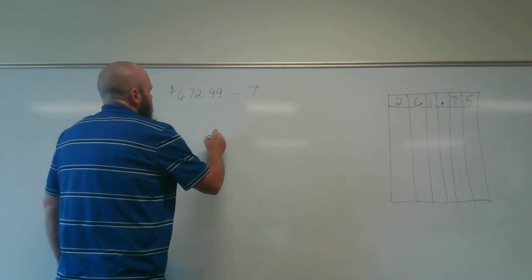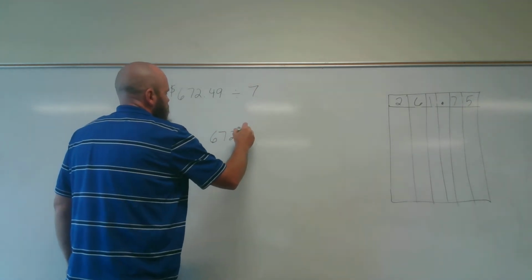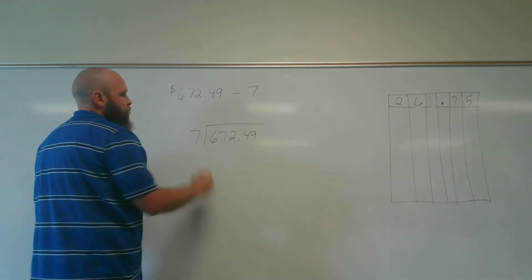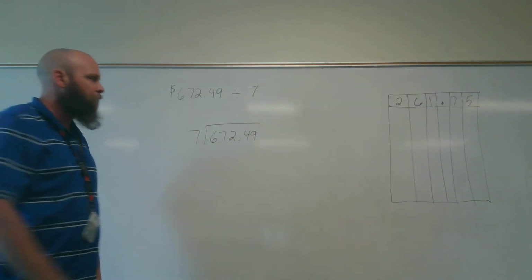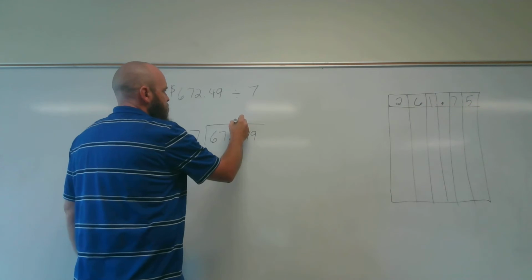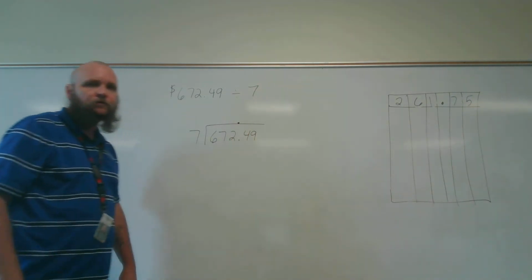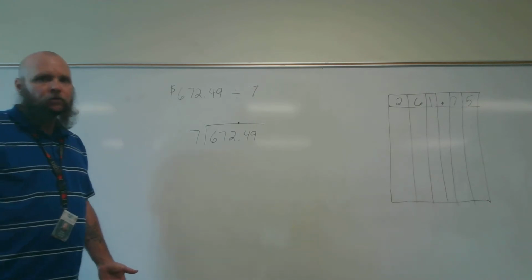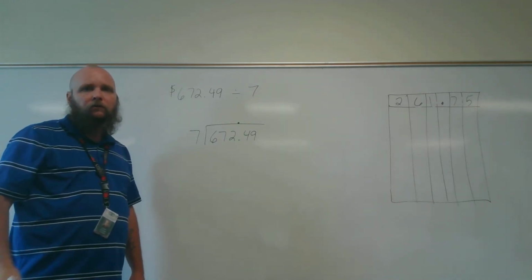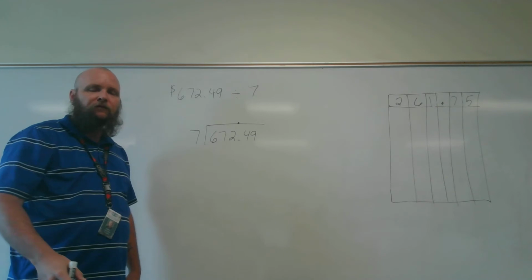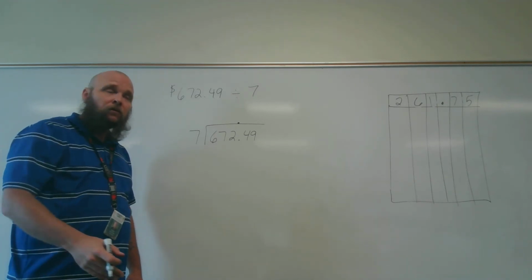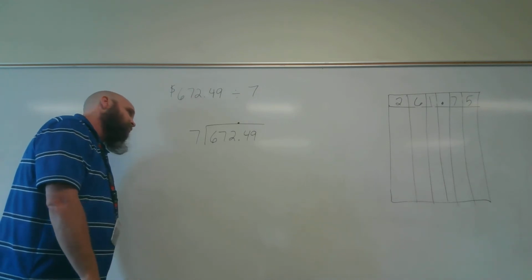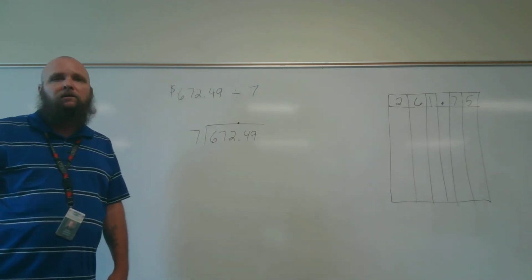When I take my dividend and my divisor, when I'm dividing with decimal points, my decimal point moves straight up. I know my multiples of 7: 7, 14, 21, 28, 35, 42, 49, 56, 63, 70.